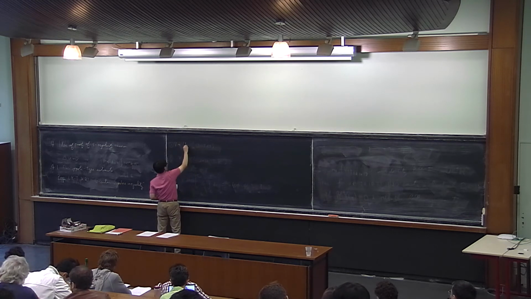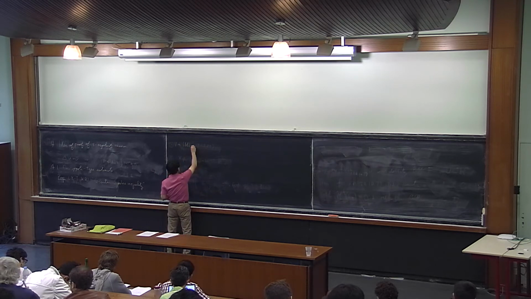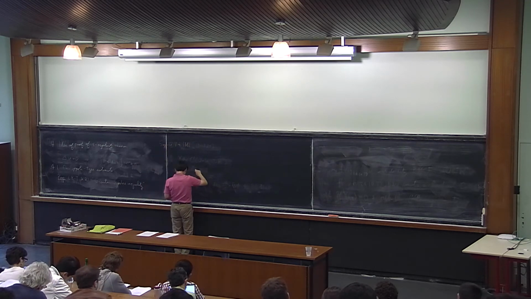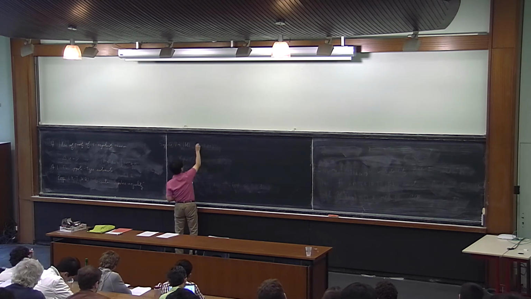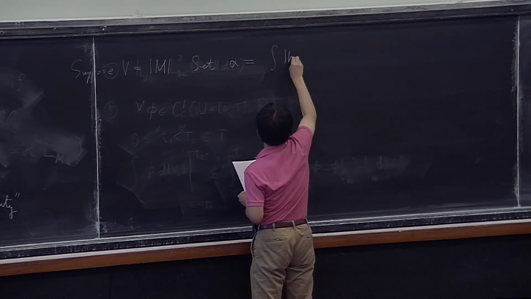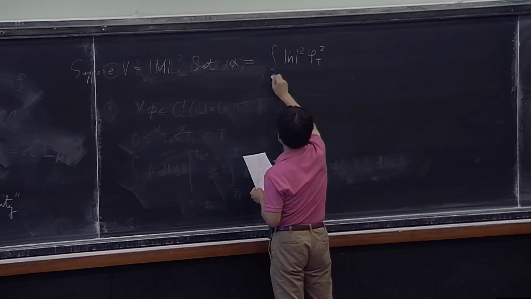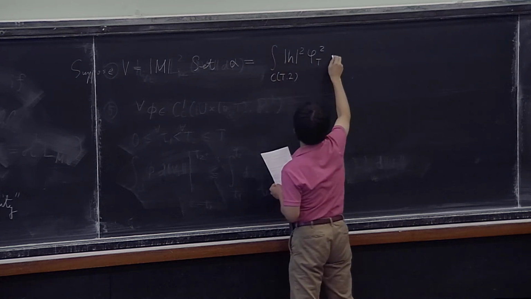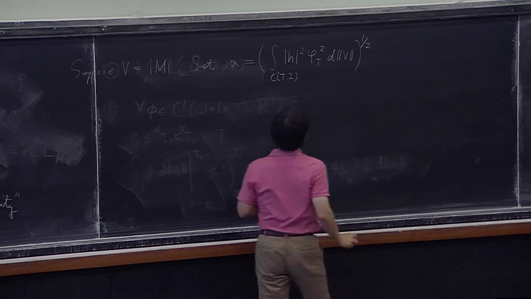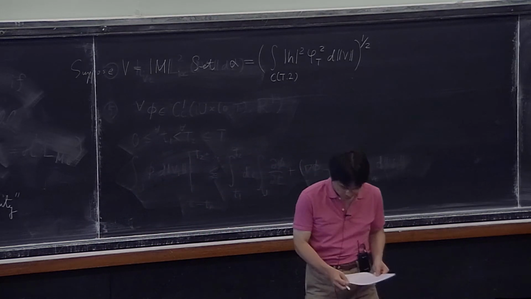Suppose V is a varifold coming from the ambient manifold M. Suppose B is this, and also we set alpha to be the L2 norm of the mean curvature with this phi_t square, in the cylinder.